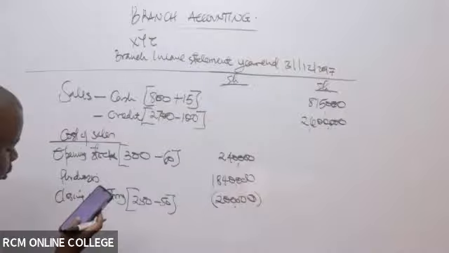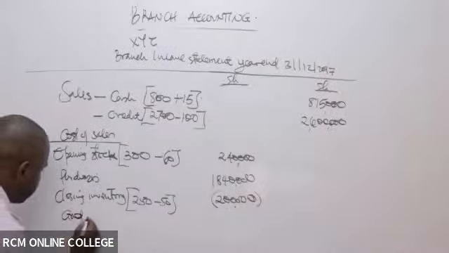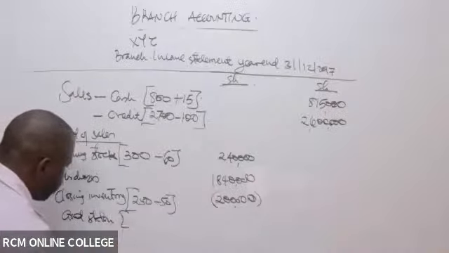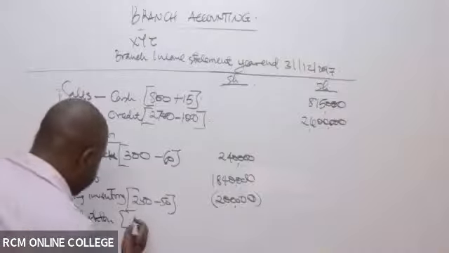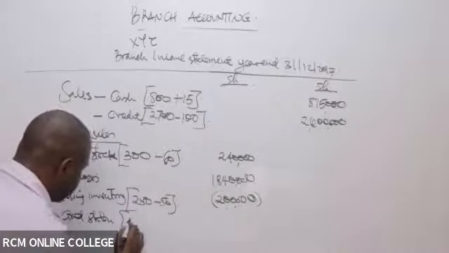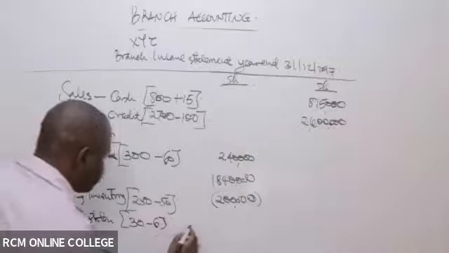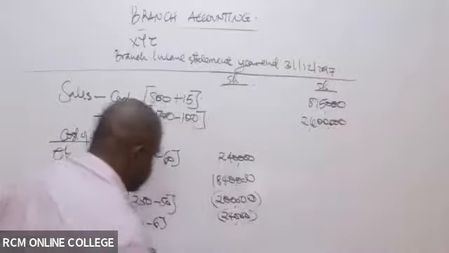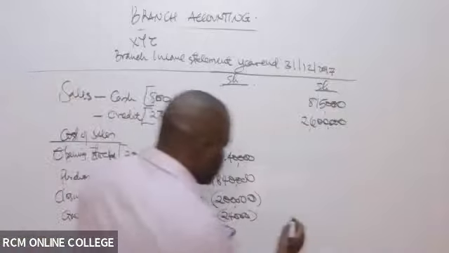The goods stolen will also be at cost. Remember, we had recognized the profit element as 6,000. So it will be 30,000 minus 6,000, which is 24,000. That should give us the cost of sales.